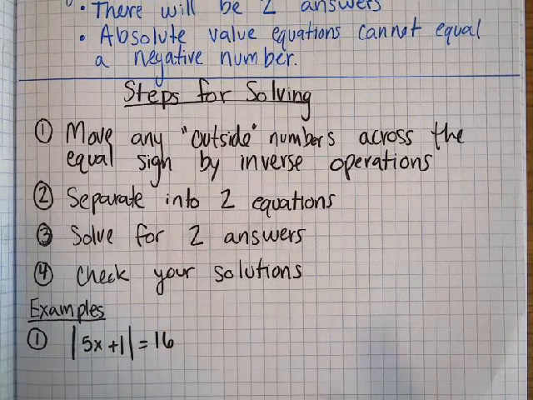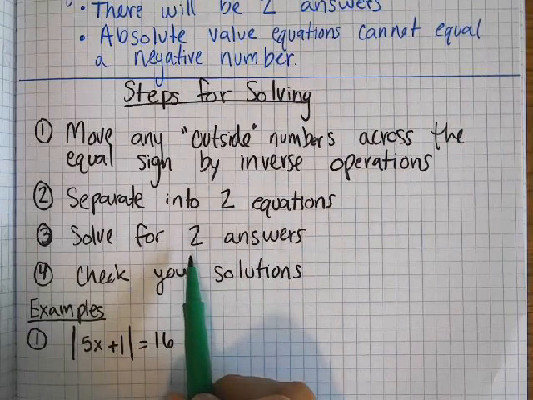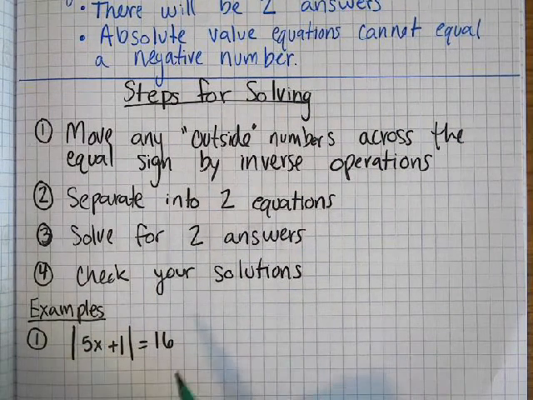Those would be considered those outside numbers, and we'll get into that here in a little bit. The next part is separate into two equations. We're going to get rid of our absolute value signs and make it into just two regular old equations. If we have two equations, we solve for two answers, and then you can always check your answers just to make sure that you are correct.